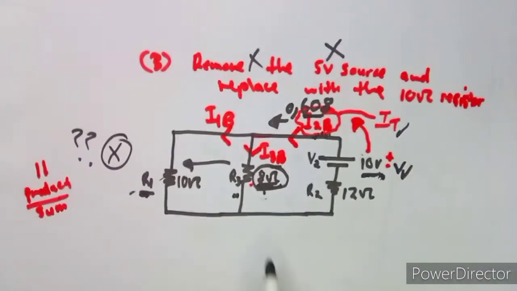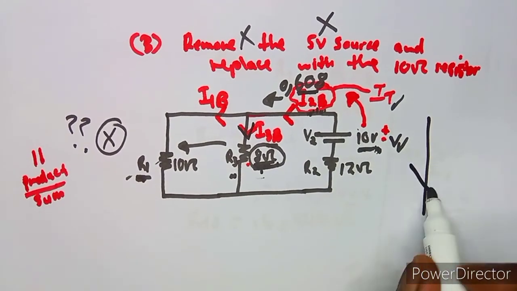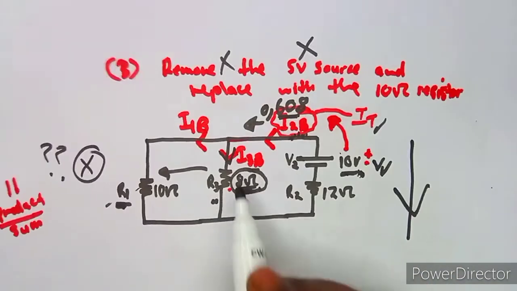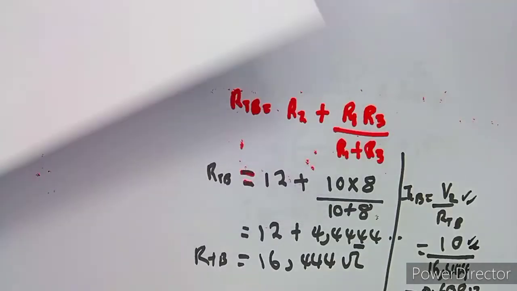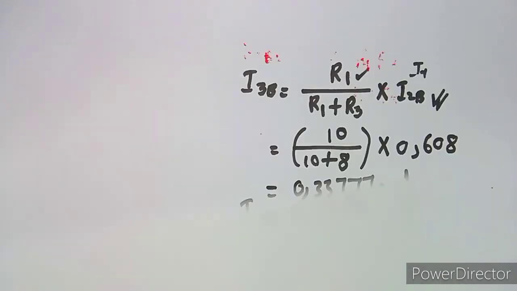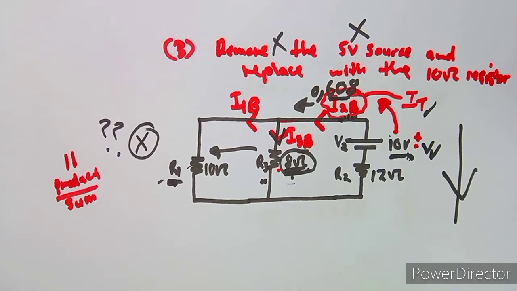so this is our I3B, and take note this time it's facing this direction, which is actually the same direction as the first one. If we are to consider from the first circuit that we had, remember this is a combination of circuits actually that you're going to work with. So this current, when we remove this source, it's facing downwards.